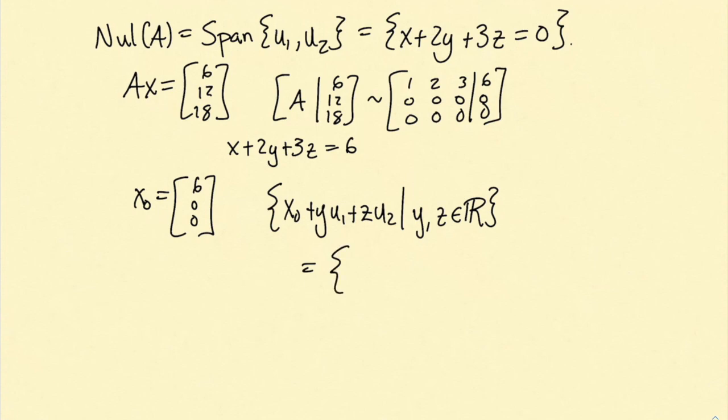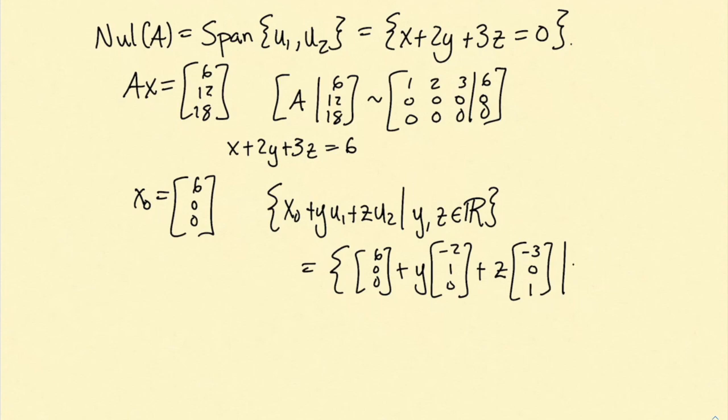So we can see that the set of all solutions to the equation Ax equals 6, 12, 18 is given by the set of vectors 6, 0, 0 plus y times negative 2, 1, 0 plus z times negative 3, 0, 1, which is of course the same thing as the set of all points in R3, or all vectors in R3, whose coordinates satisfy x plus 2y plus 3z is equal to 6.